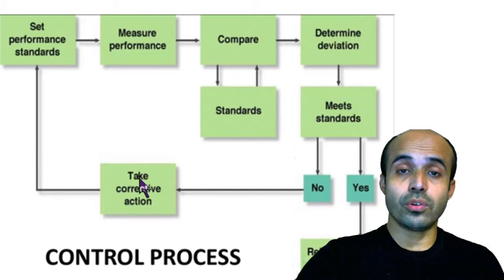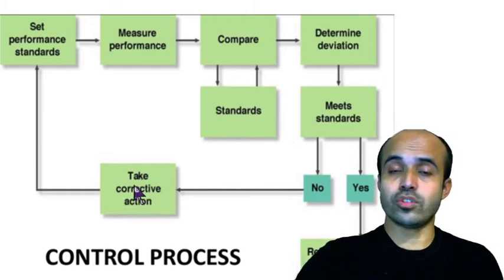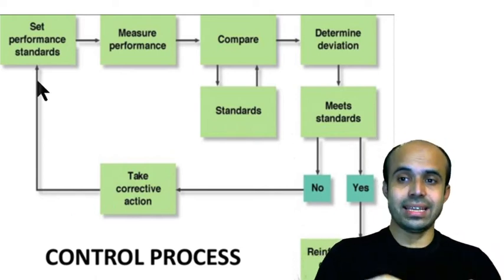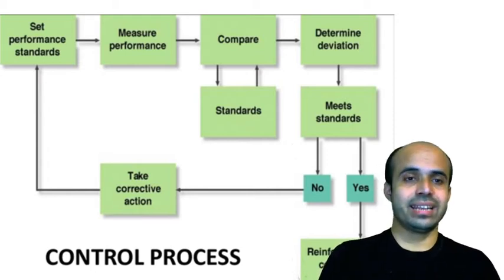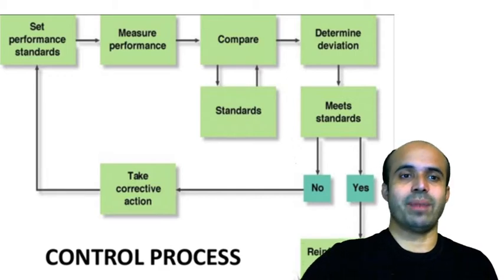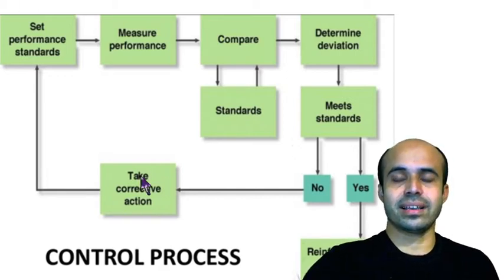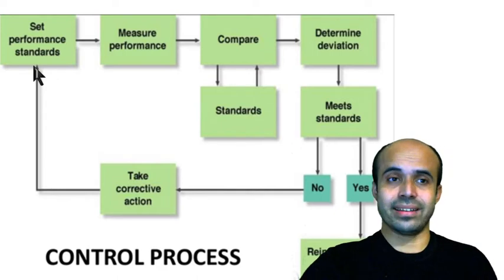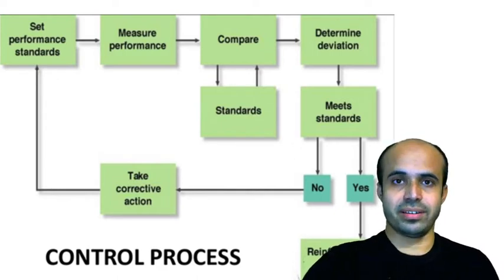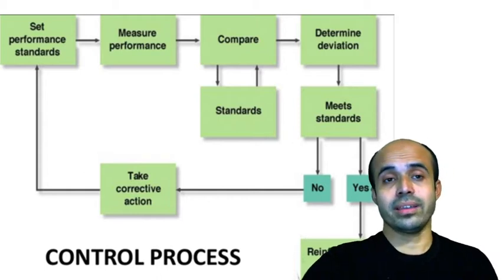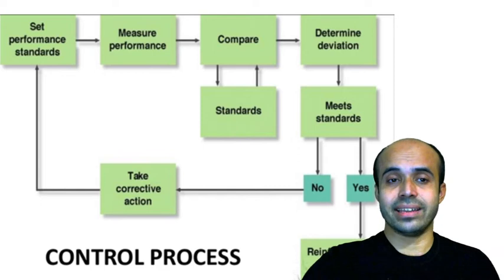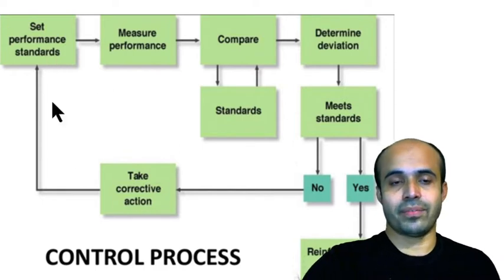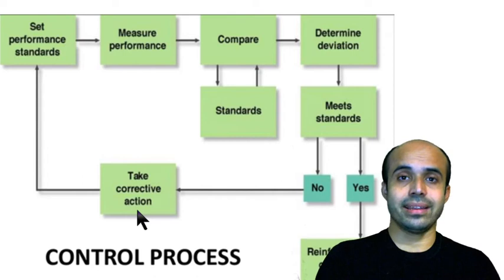What does that mean? It means that when the corrective step is taken, it doesn't end here, it goes forward. When I set a performance standard another time, I have to consider the corrective action taken earlier, because the same deviation may not come again.